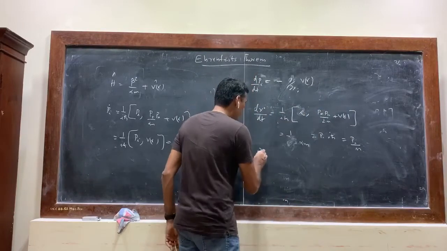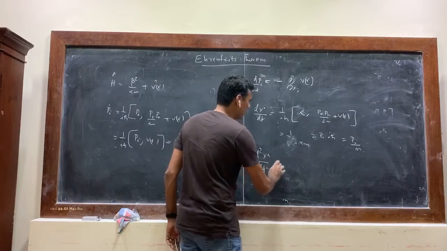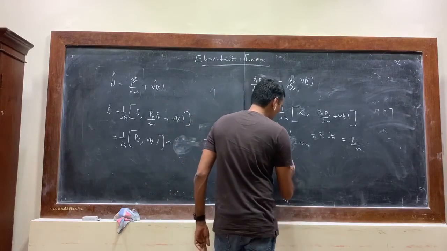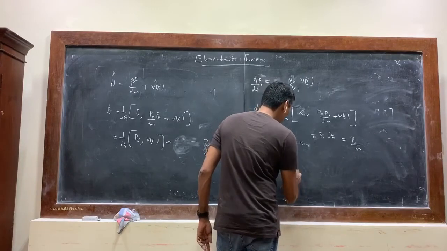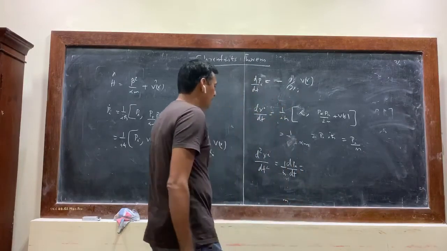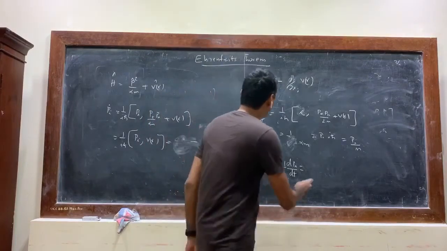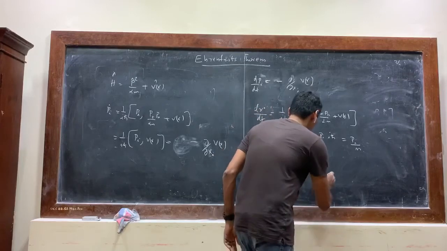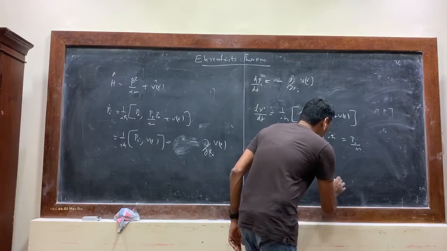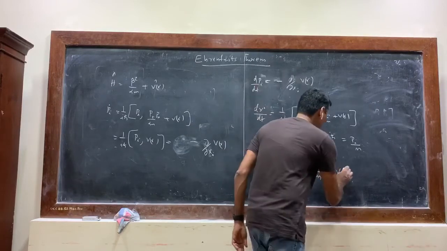So what is d squared x_i by dt squared? That is equal to 1 by m times dp_i by dt, and dp_i by dt you already know is minus del by del x_i of V of x. So you get minus 1 by m del by del x_i of V of x.